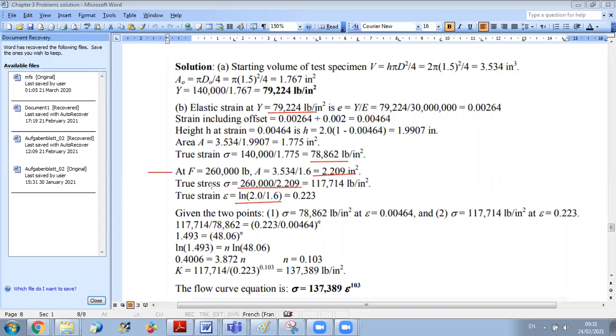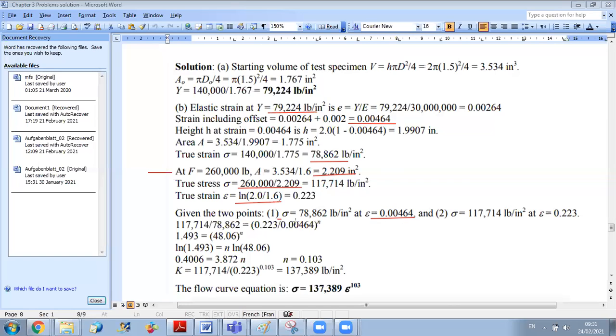So now you have the true stress and true strain for 2 points, the yield point and the second point. Now you can apply 2 equations with 2 unknowns. They considered the same value of epsilon, because epsilon will be very close, and you can verify it: if you do ln h over h0, you still get a very close value to the engineering value. This is why they used it here.